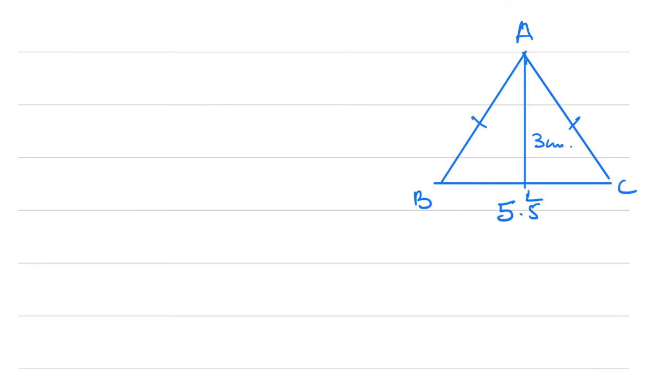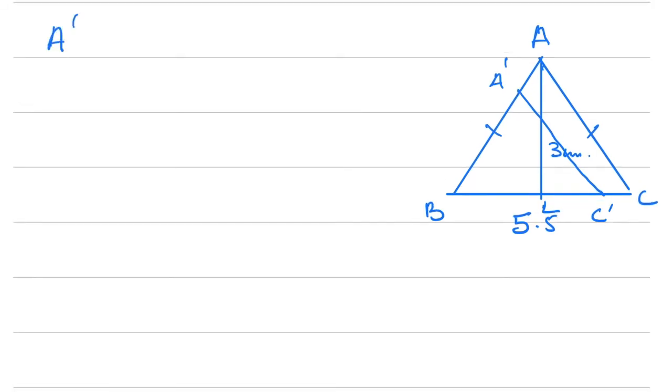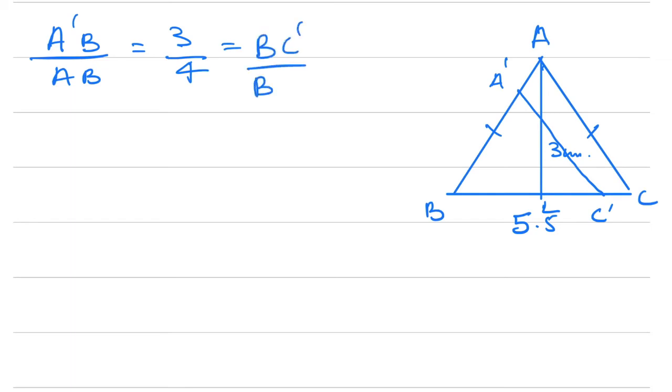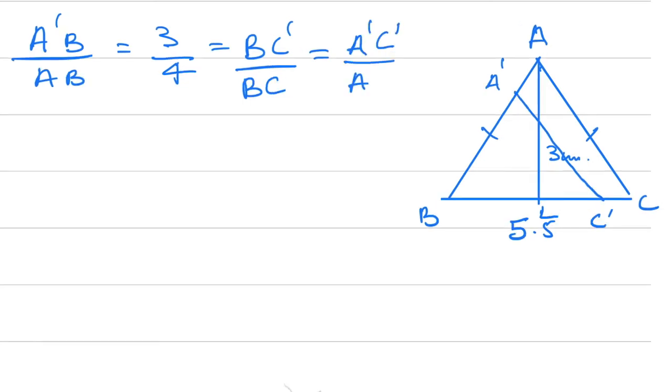And we also have to construct another similar triangle whose sides are 3/4 of the corresponding sides of triangle ABC. This is C dash and this will be A dash. So A dash B by AB is equal to 3/4, which is also equal to BC dash by BC, and this is also equal to A dash C dash by AC.